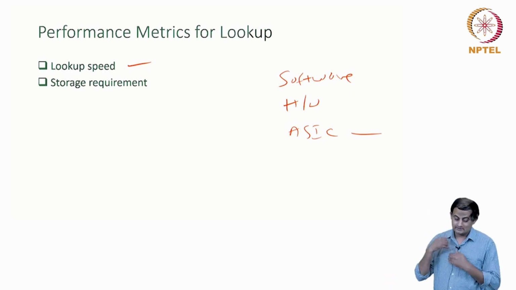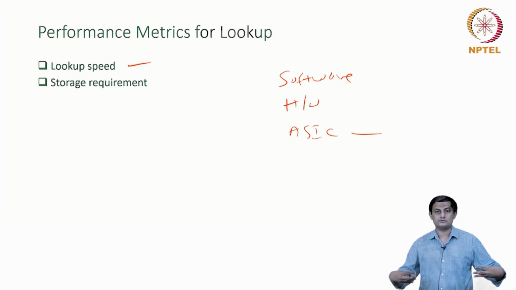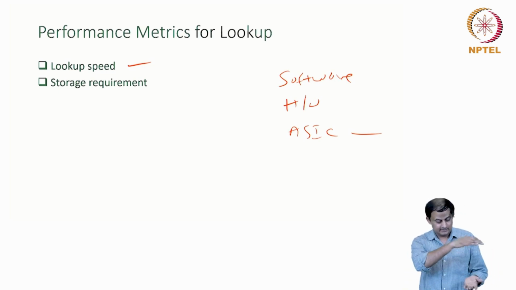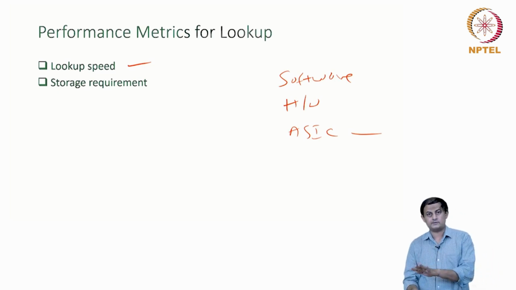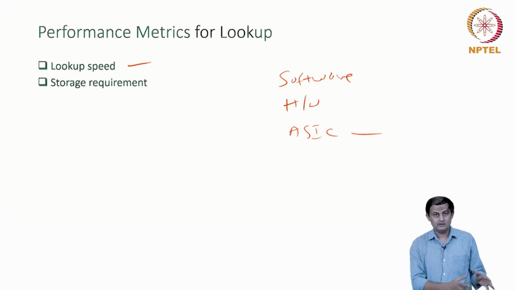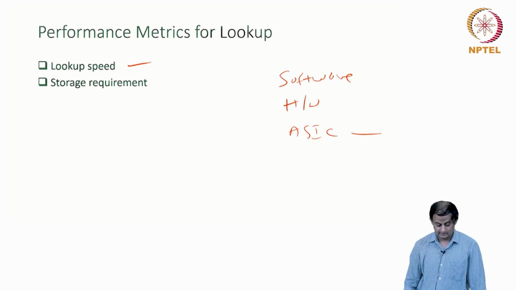Other than this, the data structure that you are going to implement will also consume some amount of memory. So, once I represent the routing table in the form of some structure, how big that is going to be, whether it is going to be very optimized or it is going to take a lot of memory, is another metric that is going to govern.